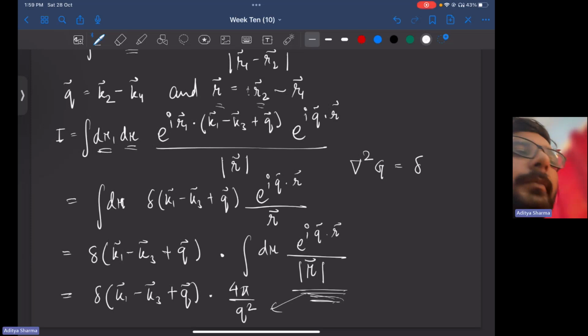If you write it, if I remember correctly, this is just e power i k r, and this g is k square times g.